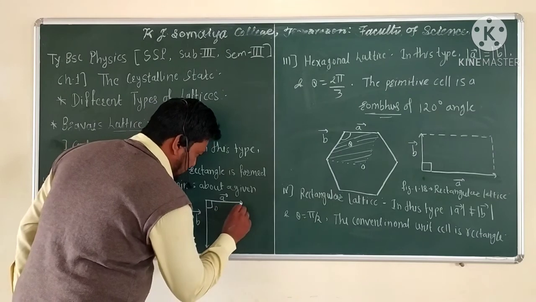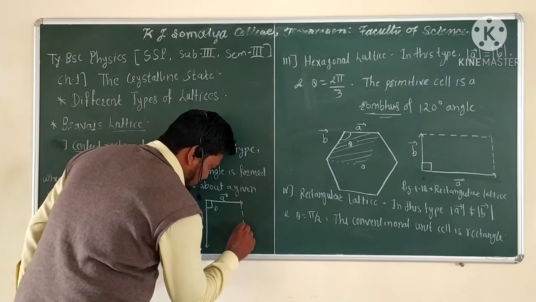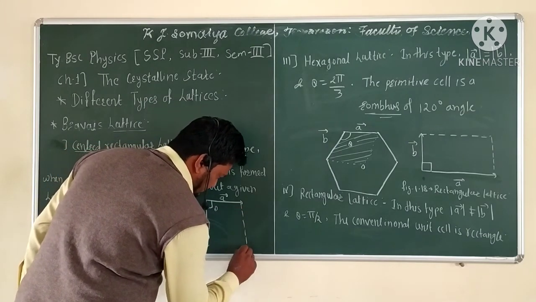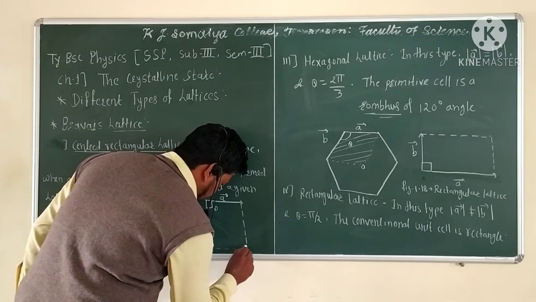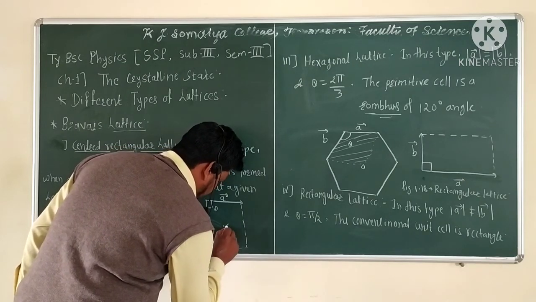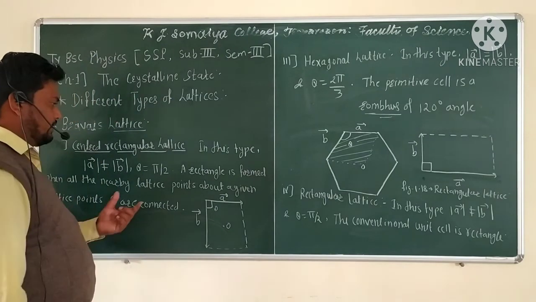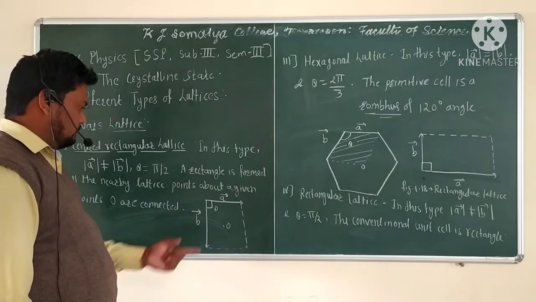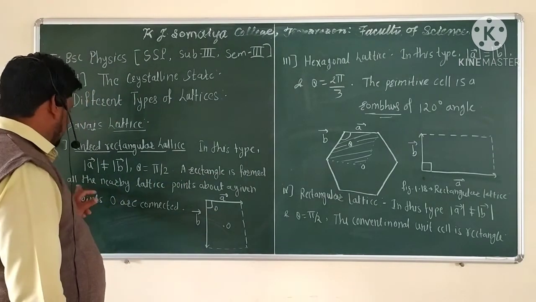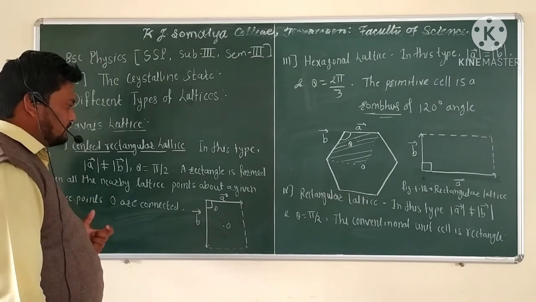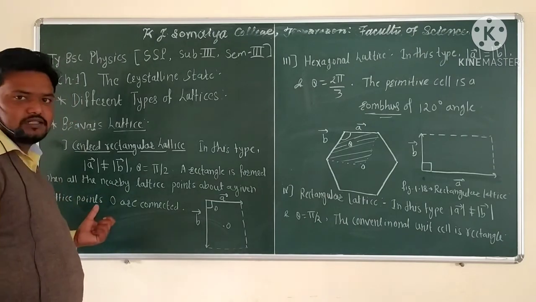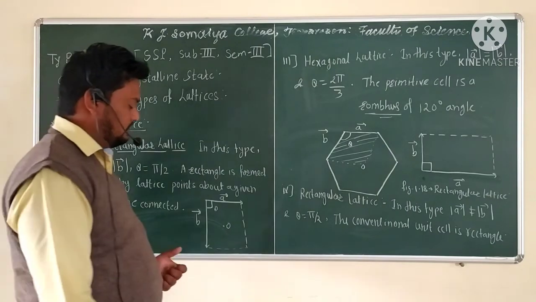If we connect these points about O, a rectangle is formed.